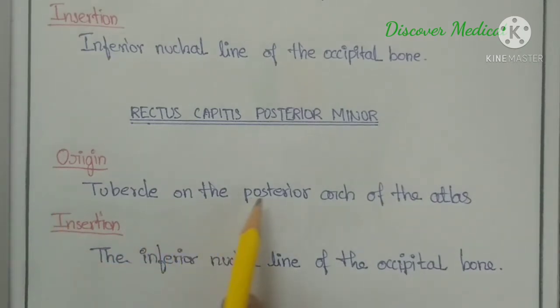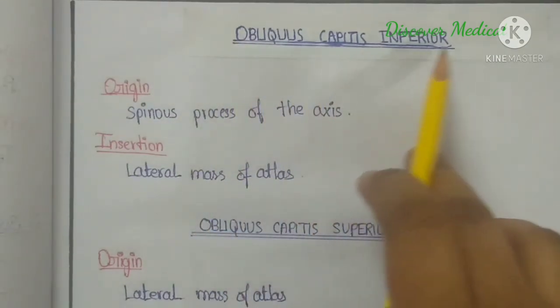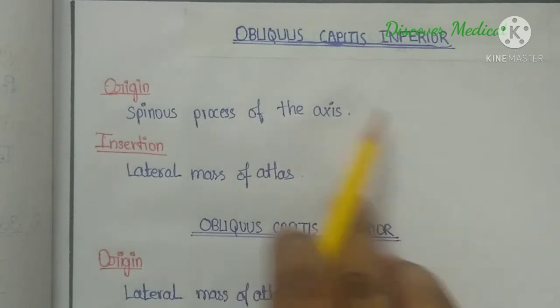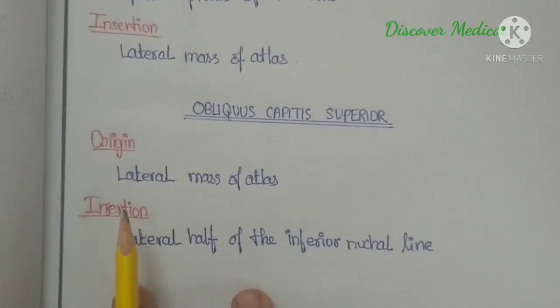Origin: tubercle on the posterior arch of the atlas, inserted to the inferior nuchal line of the occipital bone. Obliquus capitis inferior. Origin: spinous process of the axis, insertion: lateral mass of the atlas. Obliquus capitis superior. Origin: lateral mass of the atlas, insertion to the lateral half of the inferior nuchal line.